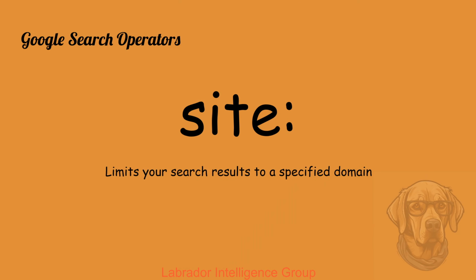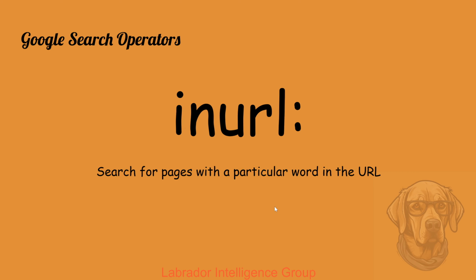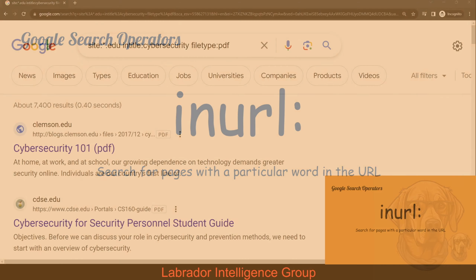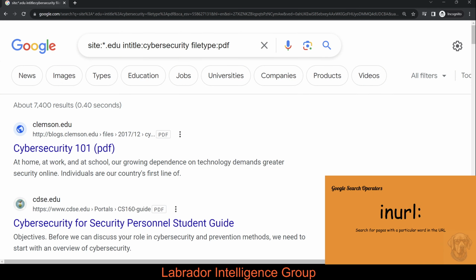The next operator we're going to talk about, let me get to my slides here, is the inurl operator. It searches for pages with a particular word in the URL, in the address bar, and limits it to that. So let's go back out to Google and change up our search just a little bit.